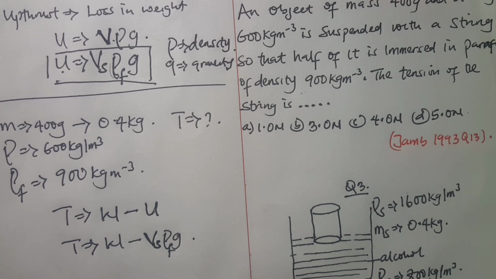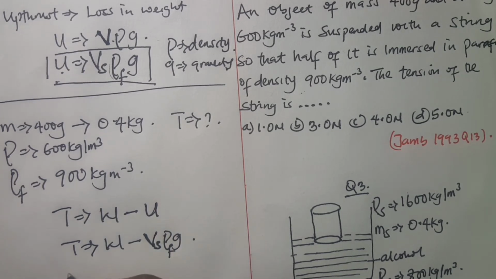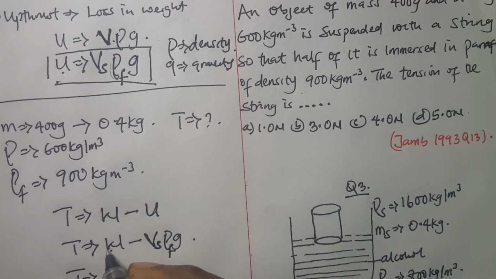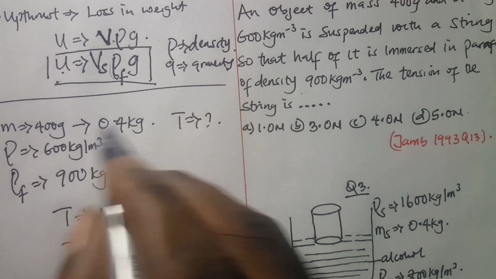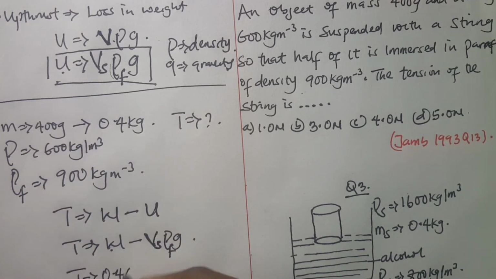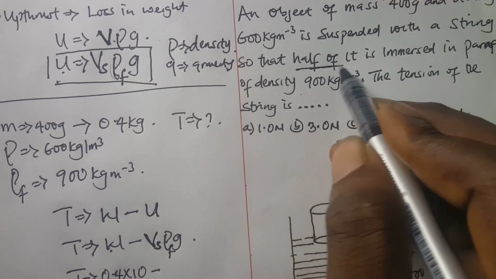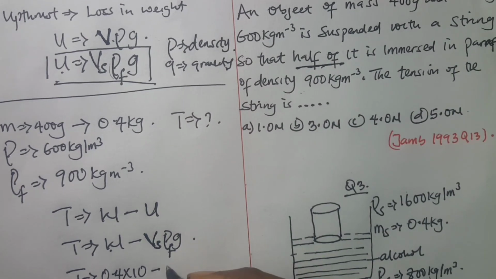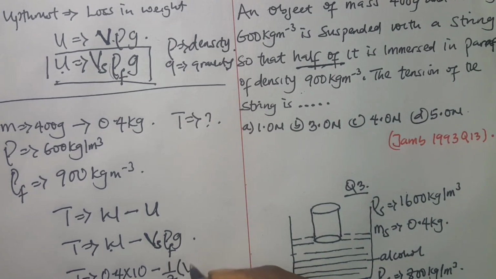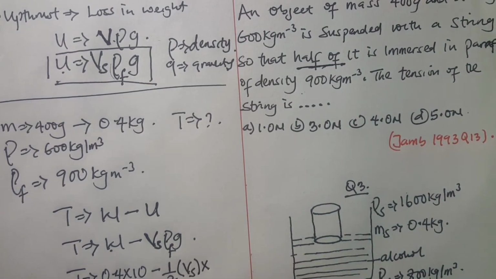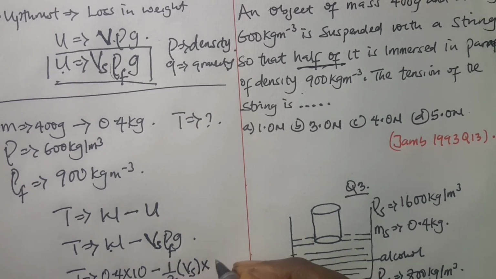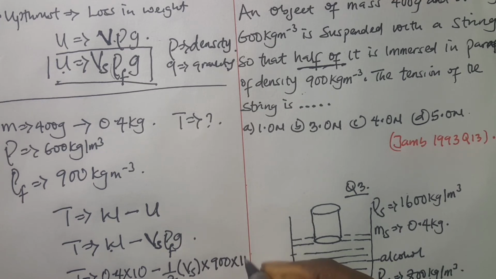Let it be known. So now, without wasting time, tension here is weight, which is mg. Mass is 0.4 times 10, minus. Now we have to understand from here, half of it is immersed, not all. So half of the volume of the solid times the rho of the fluid, which is 900, and g is always 10.